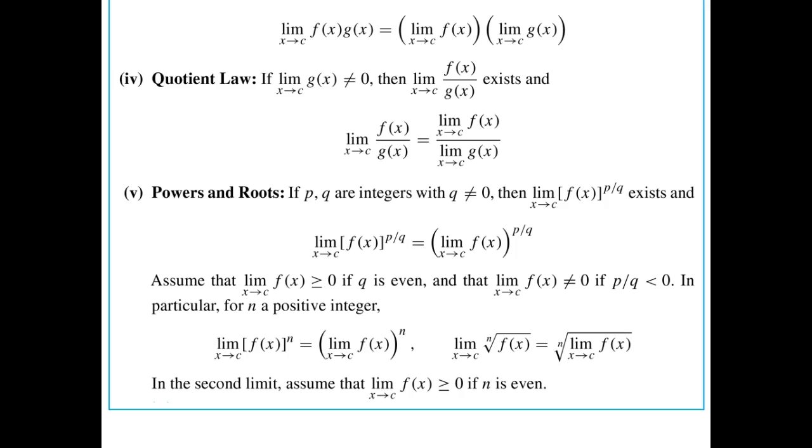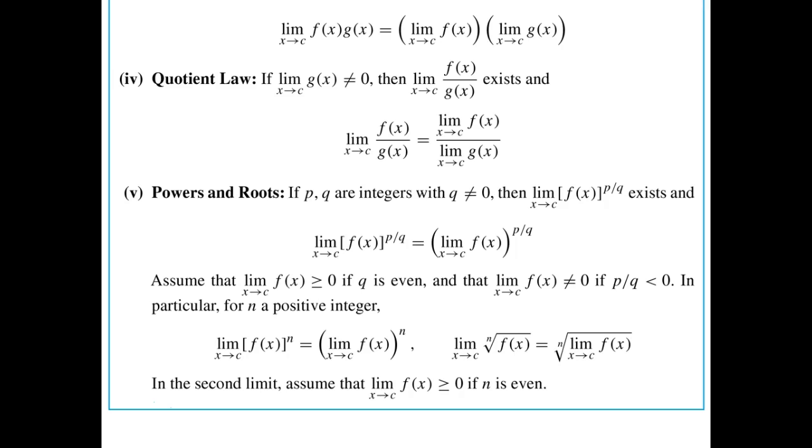That's all they're trying to say here. In the second limit, assume that f of x is greater than 0. Same thing they were trying to do there. They sort of separated the p over q, left that up there, done the number 6 down here with n, and that would work. Okay. Trying to tie those together was messy, and in the new edition they don't do that anymore. Okay. Sorry about all that.